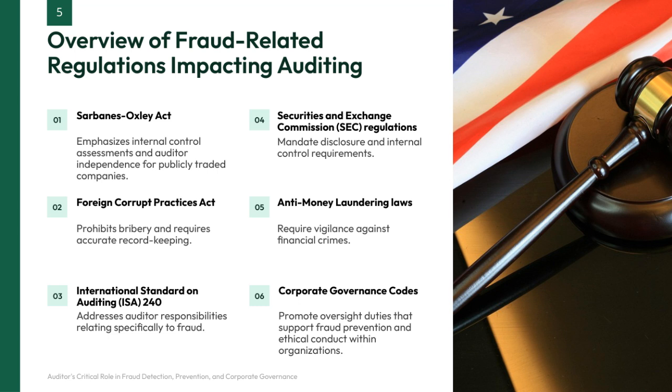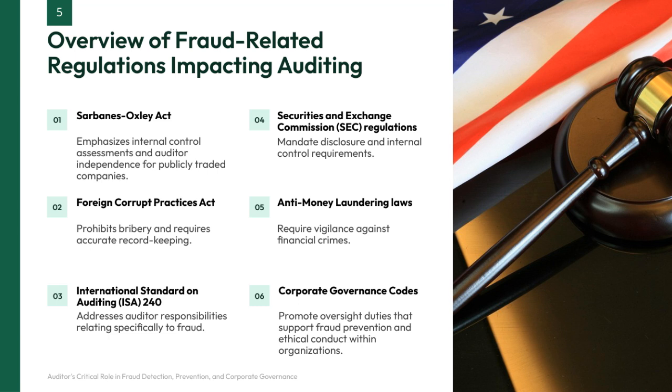The Securities and Exchange Commission, or SEC, has its own set of regulations that require timely disclosure and robust internal control mechanisms. These rules play a critical role in maintaining investor confidence. Anti-money laundering laws also demand that auditors stay vigilant against financial crimes, adding another layer of protection.